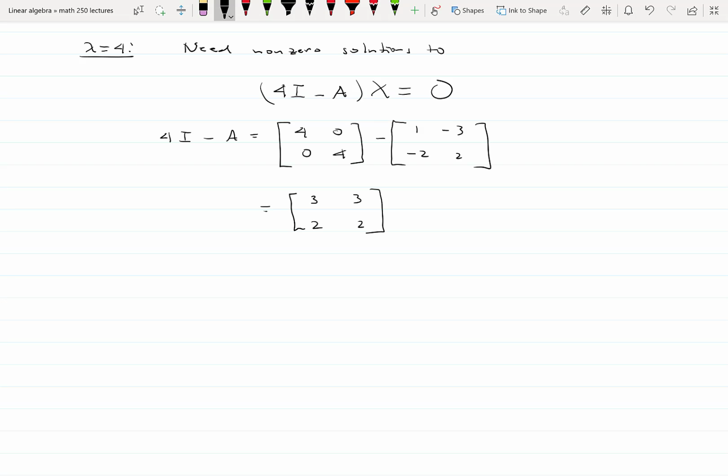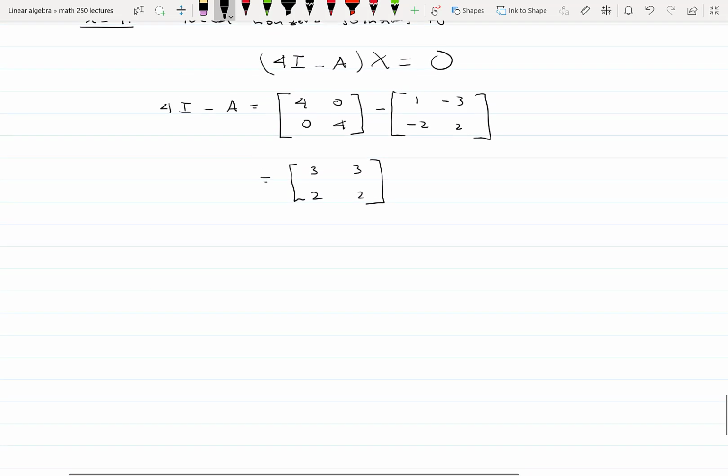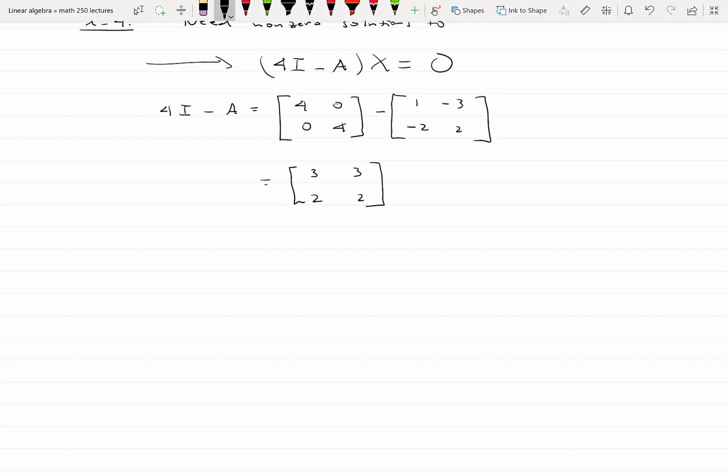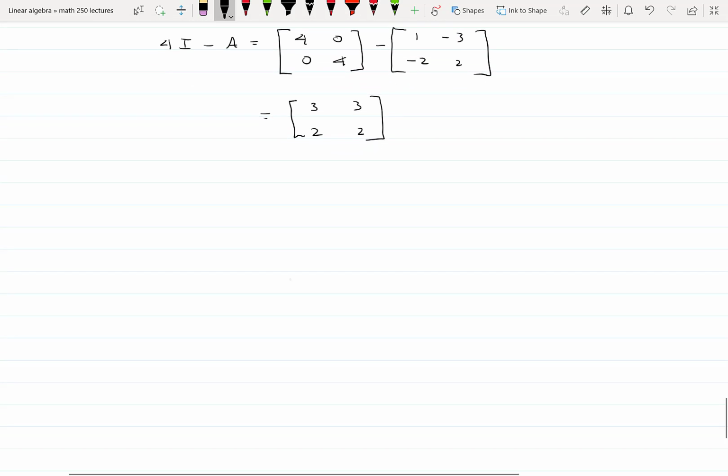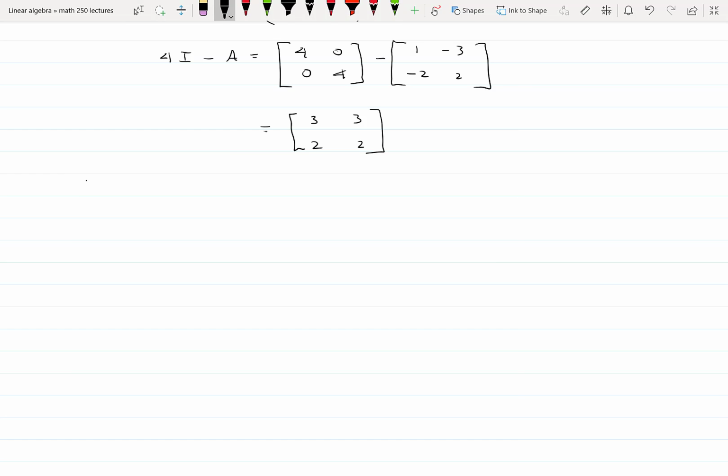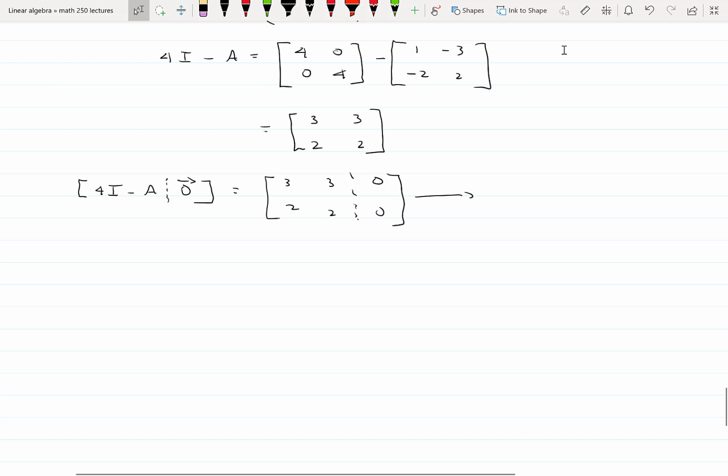That's the coefficient matrix of the system 4I minus A times x equals 0. Now we're going to solve it. We set up the augmented matrix for the system, which is 3, 3, 0, 2, 2, and 0. And then we find the RREF.